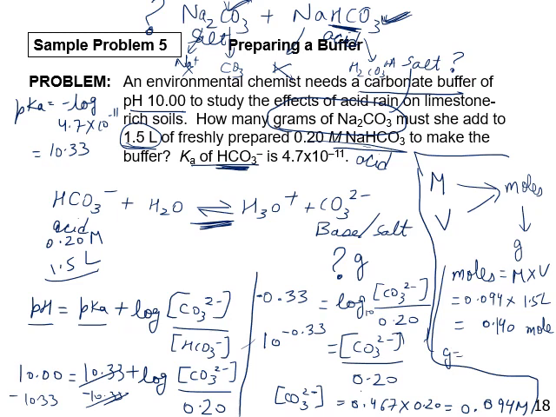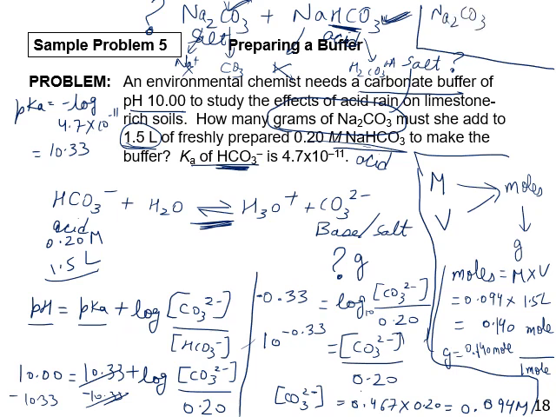Once you have the moles, you find the mass or grams using moles. I need more space, but I'll do that here. 0.140 moles. Use molar mass. 1 mole is the molar mass of sodium carbonate. How would you find the molar mass of sodium carbonate? Use your periodic table.